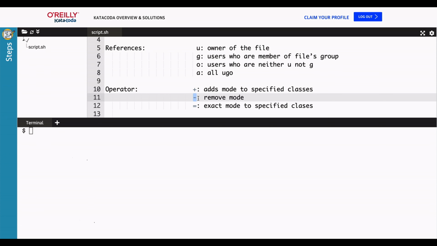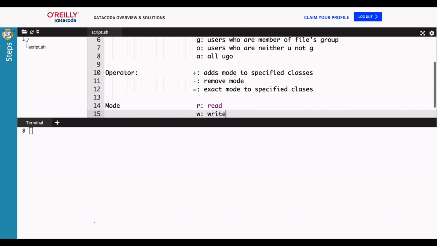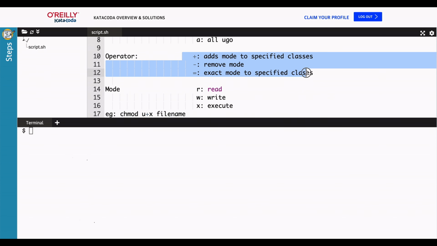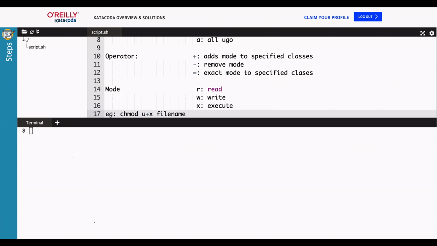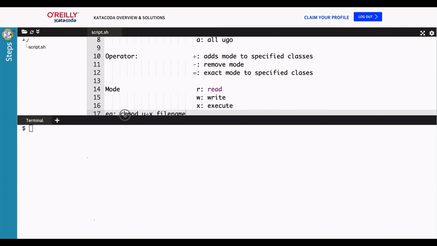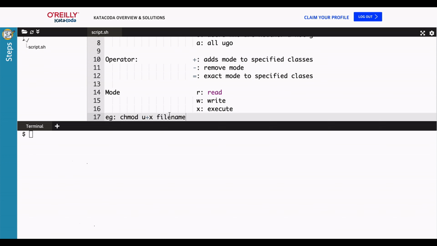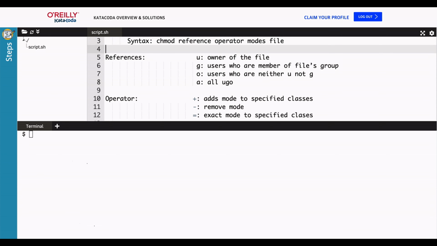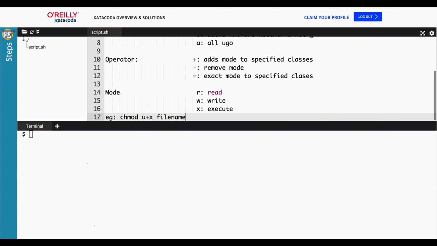The modes are read, write, and execute, the same as in the previous octal example. So the syntax is chmod, then the reference, then the operator, and then the mode.